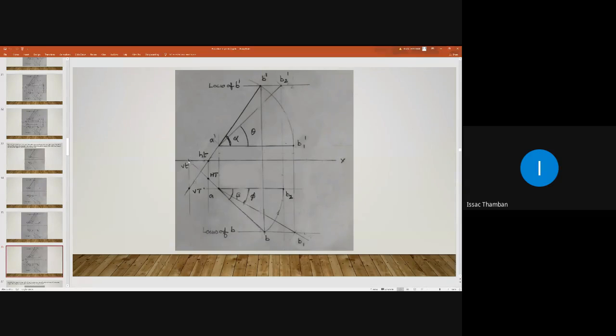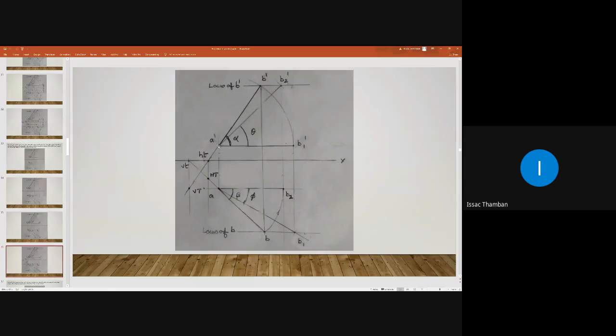Then, after obtaining small v, what is the next step? Erect a perpendicular. Erect a vertical projector line through point small v. Like this, you can obtain this line. Then, what next? Here we have line A dash B dash.